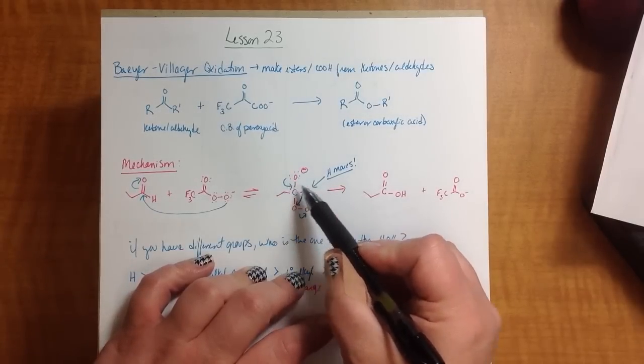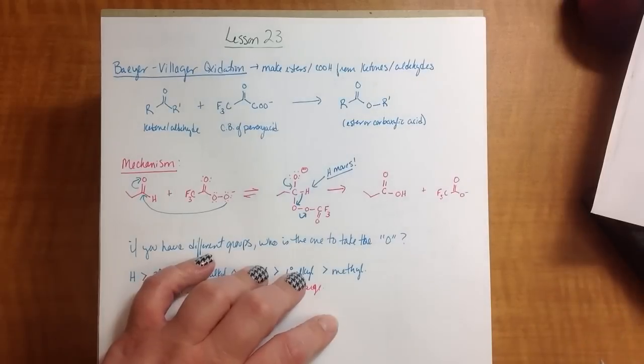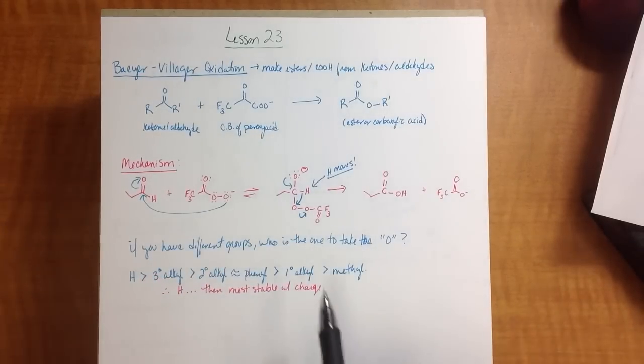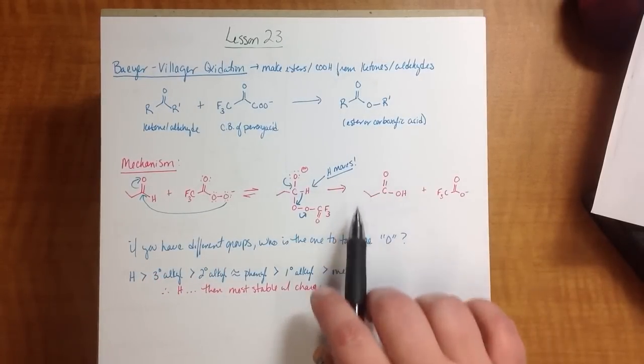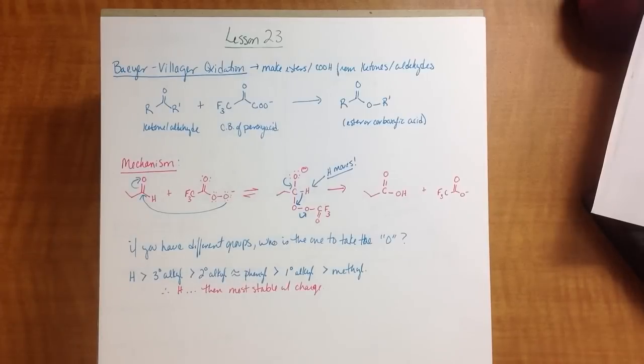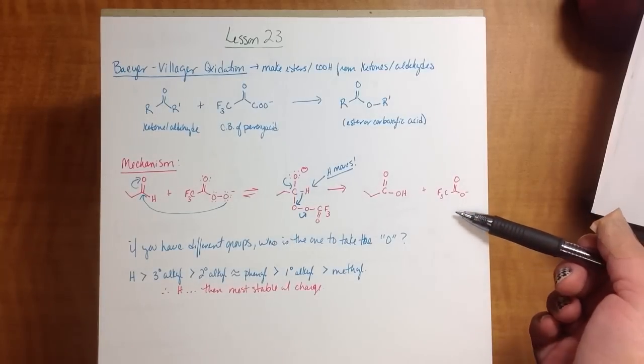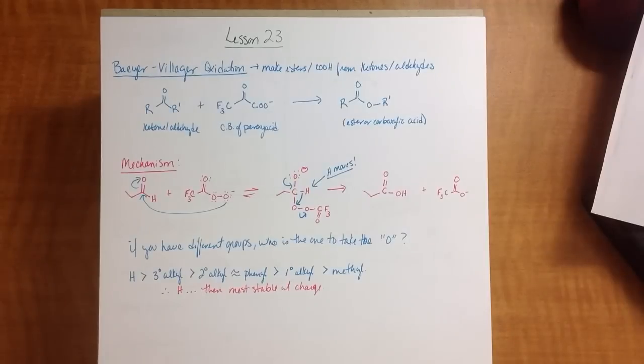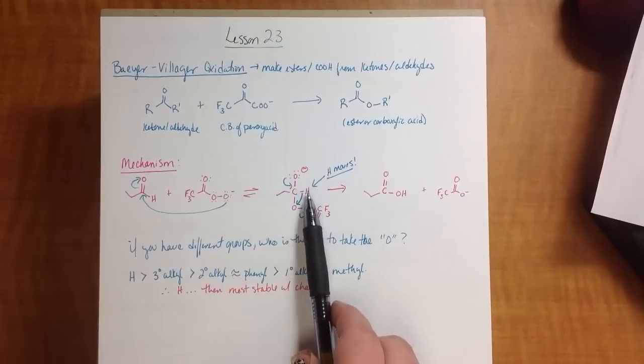So it's kind of like boom, boom, boom. All that sort of happens at the same time. Now, that will give you, in this case, a carboxylic acid. Of course, you can get an ester in other ways, as well as the carboxylate that you would have there as well.